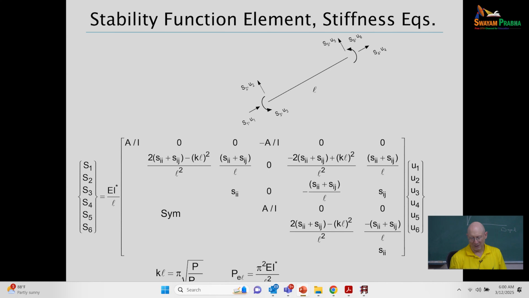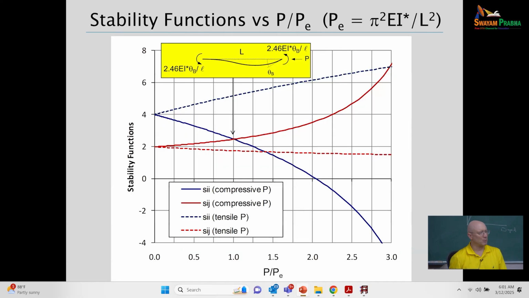So again, the KL is essentially pi times the square root of P over PE, and PE is pi squared EI over L squared. This plot is fairly informative in terms of what's going on with the stability function element. Those coefficients that I showed you a couple of slides back, SII and SIJ, depend on the axial load level. Let's take the most basic case.